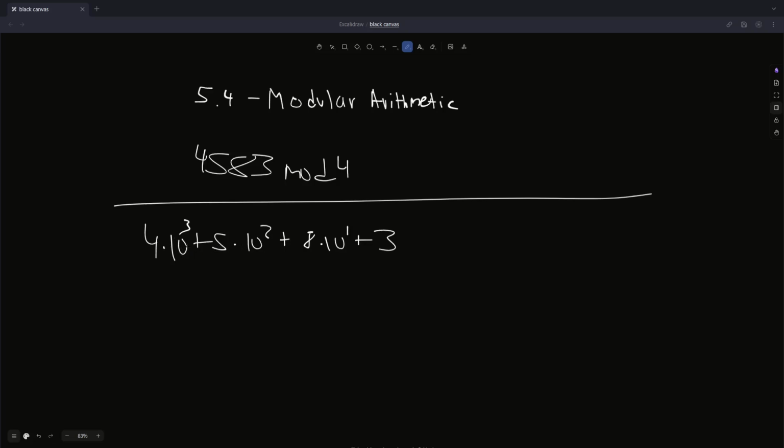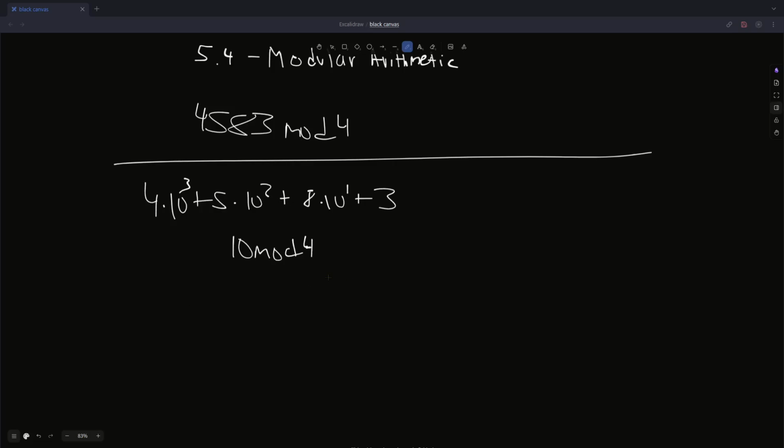We just want to make this easy to work with, right? So that's all we're doing. We're just making this number 10 to the third easy to work with. Instead of 1,000, we want to work with something as small as we can make it. So all we do is apply the mod operation to it. So we take 10 mod 4, and that'll behave in terms of the remainder the same as if we do 10 divided by 4, we get a remainder of 2, right?